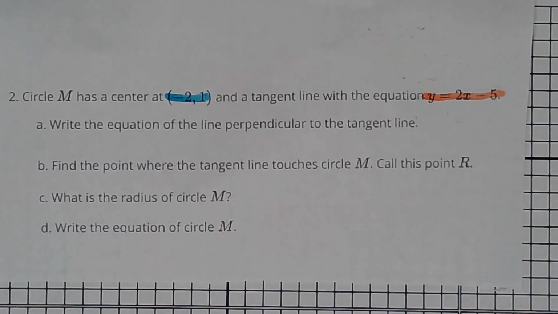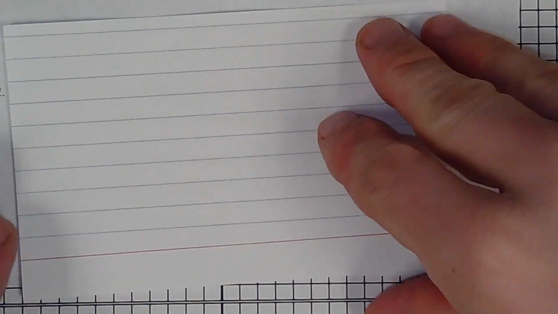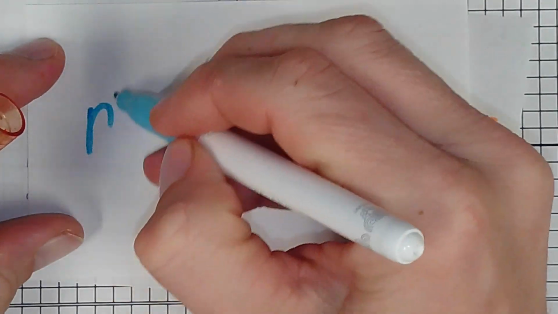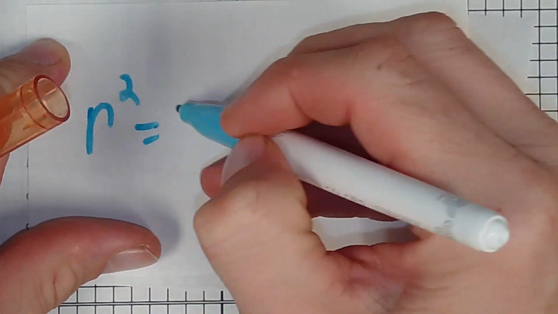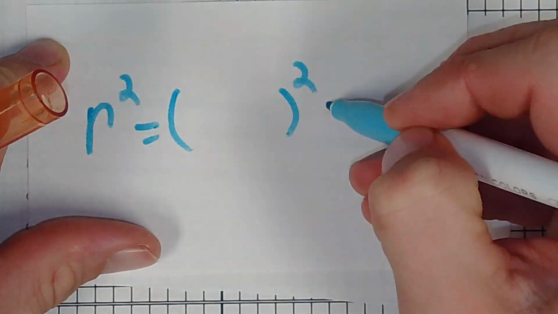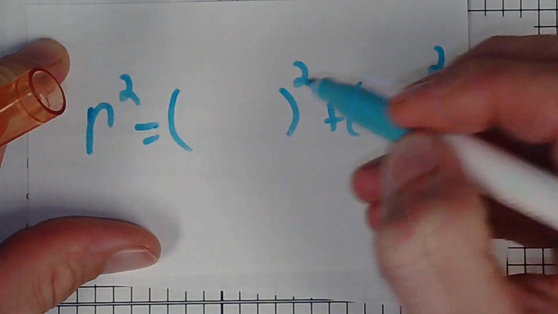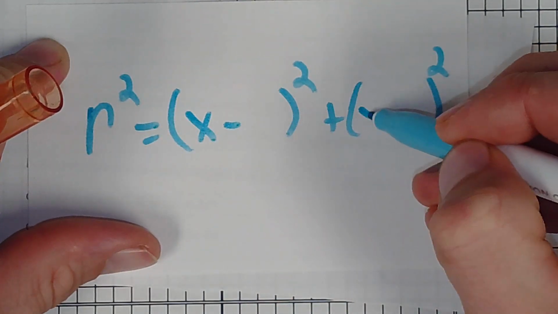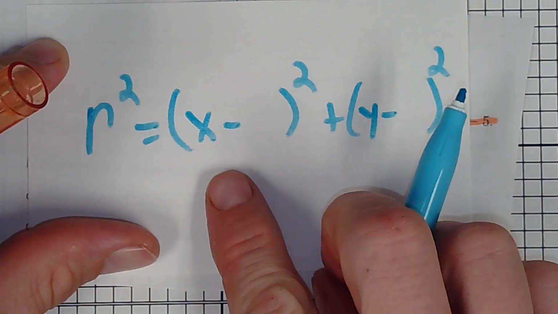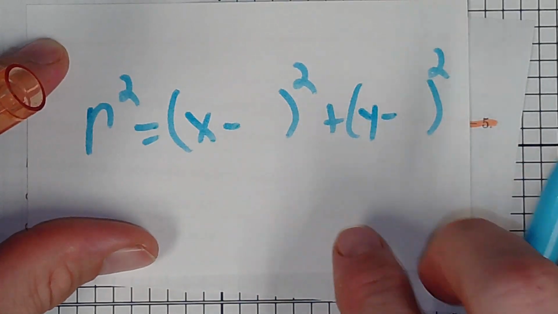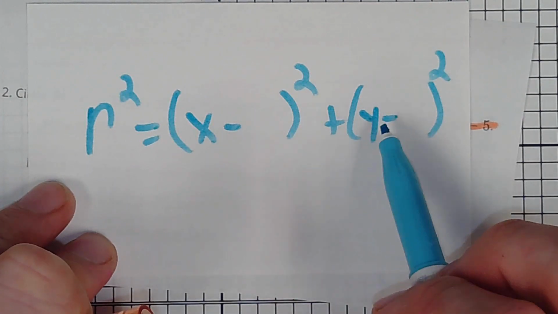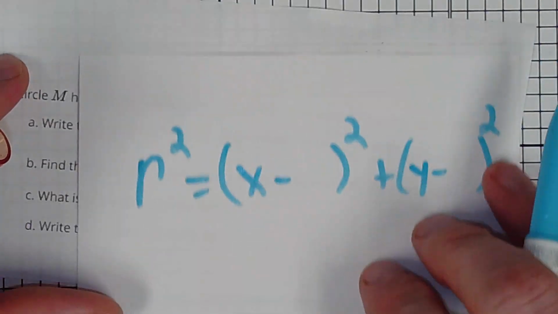You might remember that the equation for a circle is r squared equals (x minus h) squared plus (y minus k) squared, where h and k are your center point, recognizing that the negative value is the opposite of your center point.